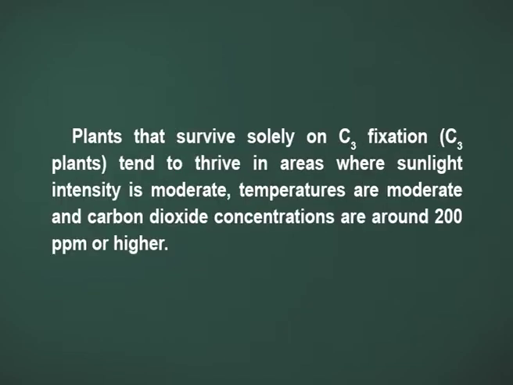C3 plants tend to thrive in areas where sunlight intensity is moderate, temperatures are moderate, and carbon dioxide concentrations are around 200 parts per million or higher.